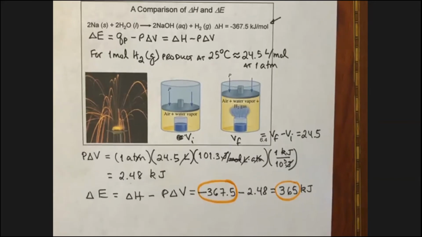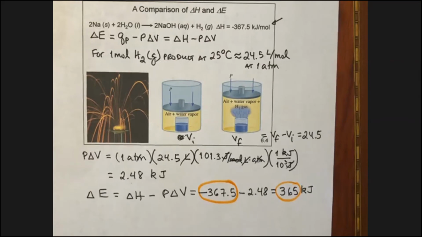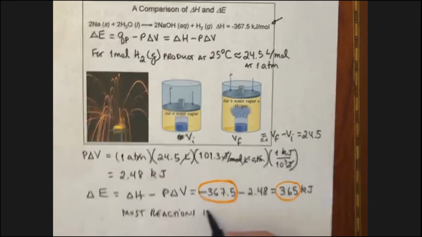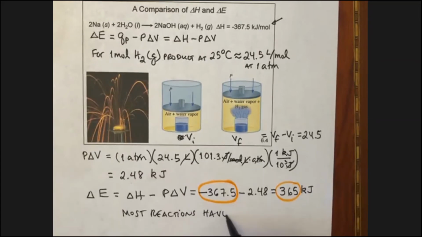Remember, most chemical reactions, for example, acid-base reactions and redox reactions, don't even release a gas. Most reactions have a change in volume that's near 0.